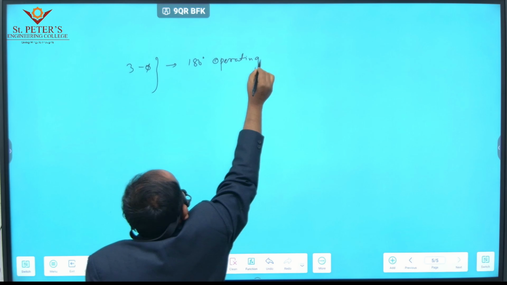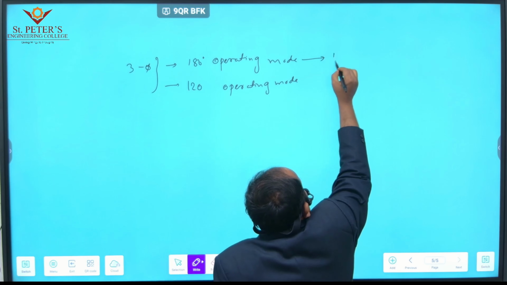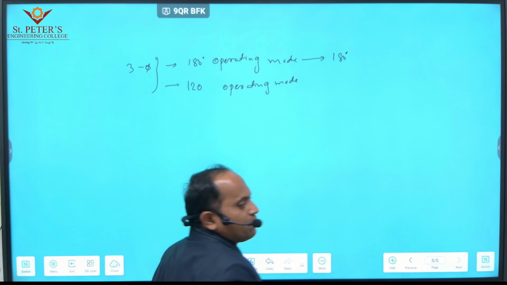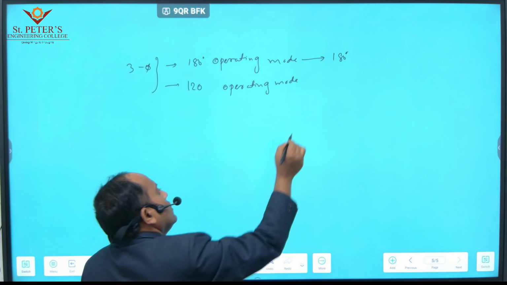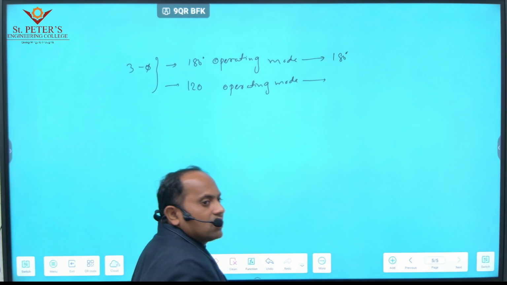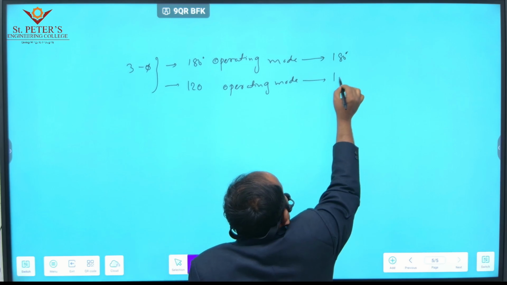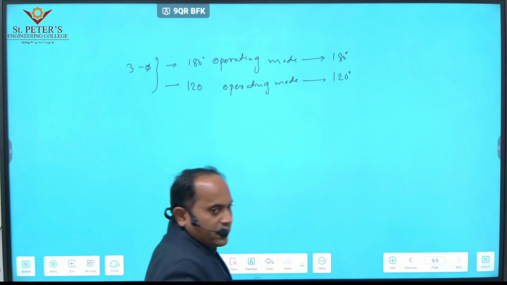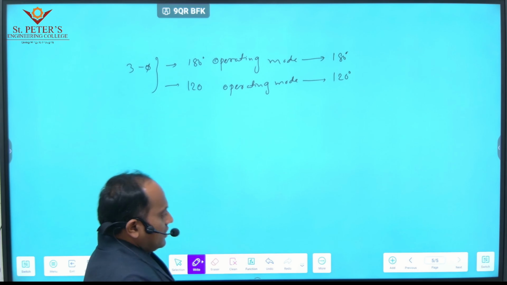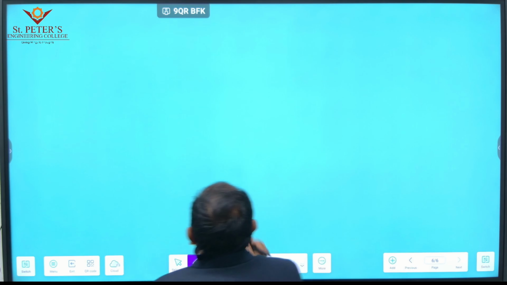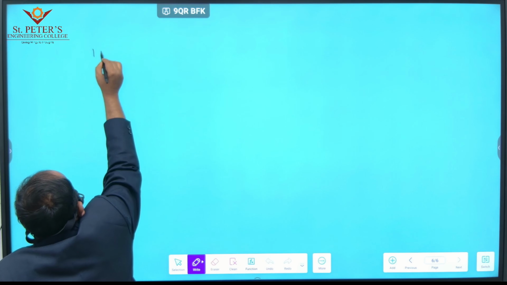How do we divide them? By the on state of the thyristors. In the 180 degrees operating mode, each thyristor from each leg conducts for 180 degrees of the time period. In the 120 degrees operating mode, each thyristor from each leg conducts for 120 degrees of the time period. Then let us go to the first one, the 180 degrees operating mode.